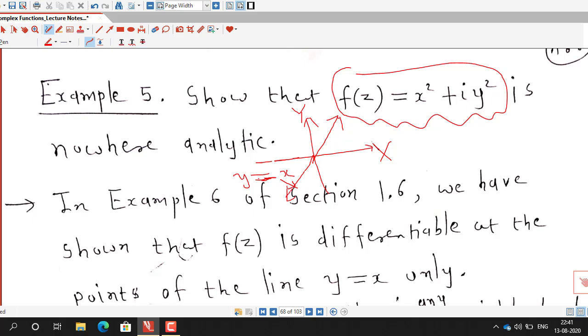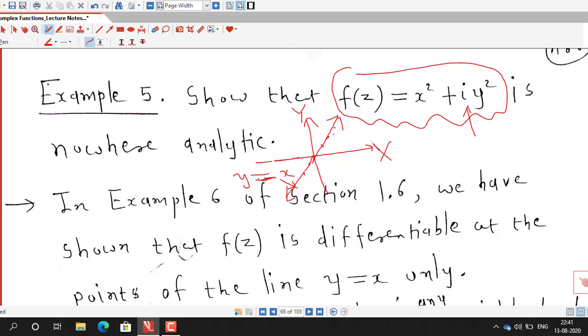In the lecture on differentiability, using Cauchy-Riemann equations, we have shown that this function is differentiable at all the points on this line. There are infinite number of points on the line, and the function is differentiable at all the points on the line y equal to x.